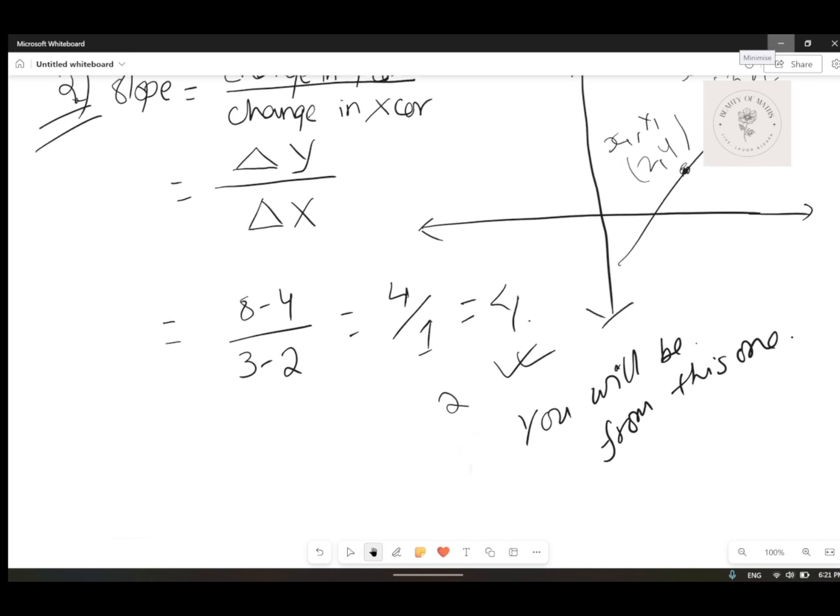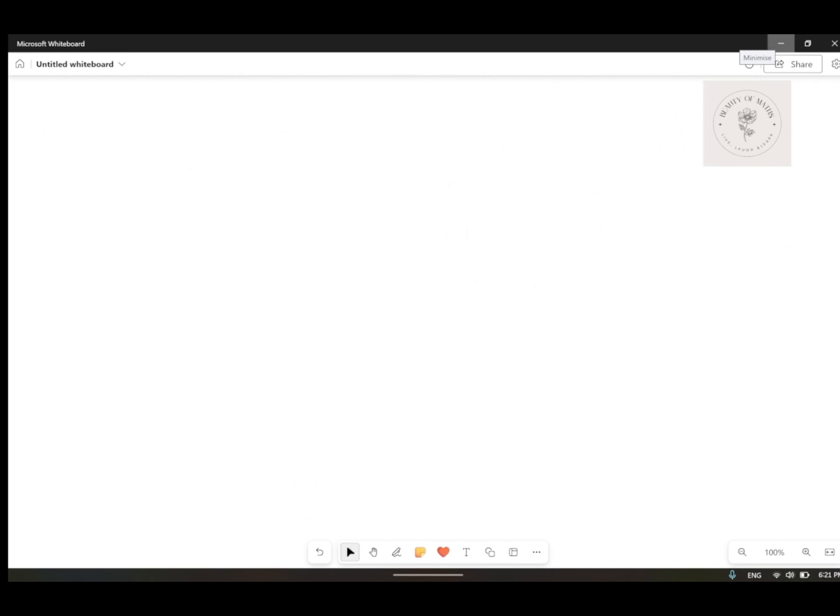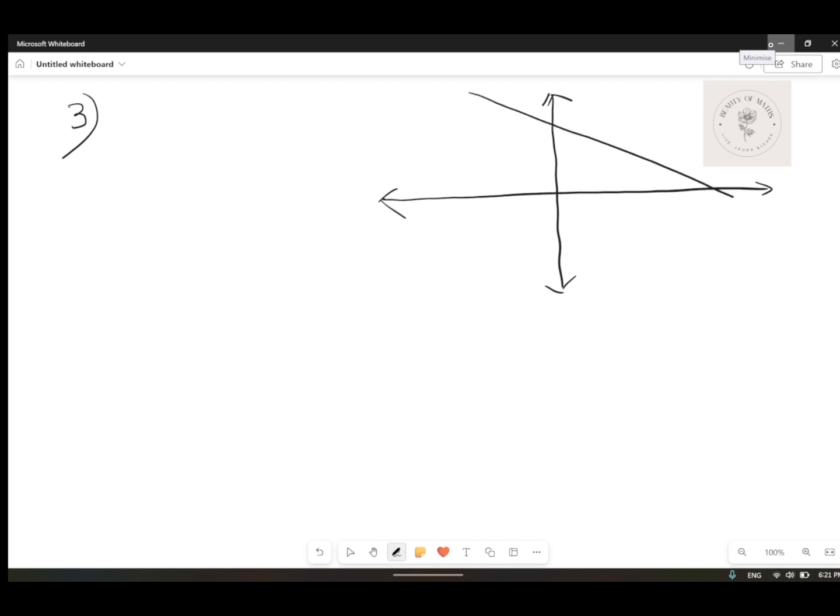Now the third way to find the slope of the line is, are you ready? Brace yourself, this is so fun. For example, I take a line here, right?